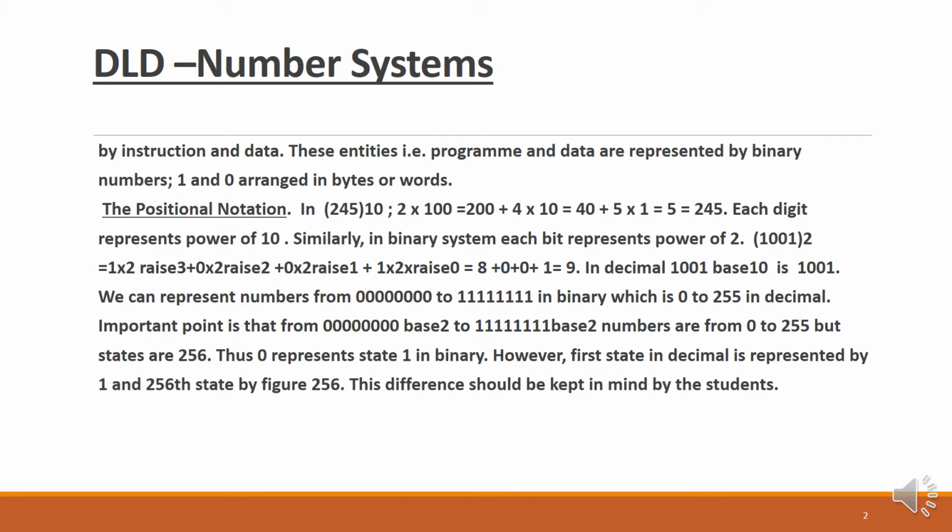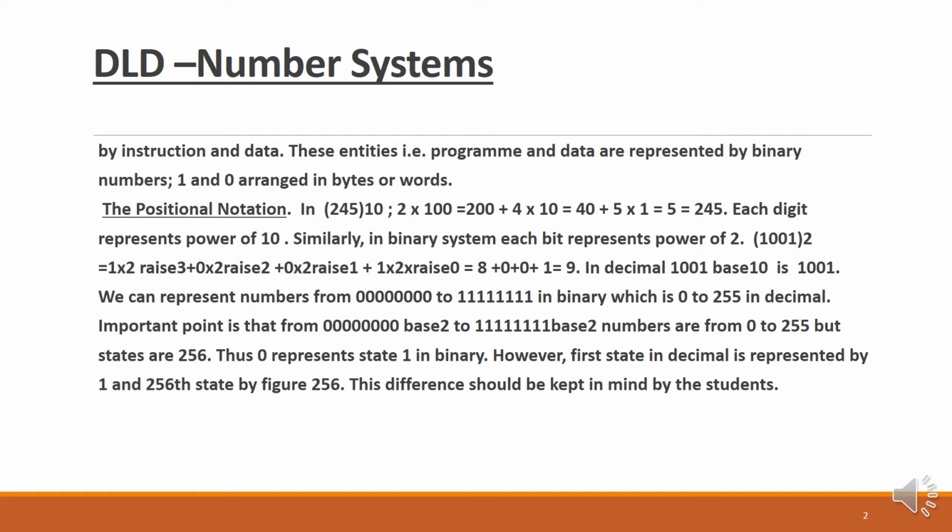If there are 8 bits, it is known as a byte, and if there are 16 bits, it is known as a word, and similarly 32 is a double word. Put another way, there are 4 bits in a nibble, 2 nibbles in a byte, 2 bytes in a word, and 2 words in a double word.